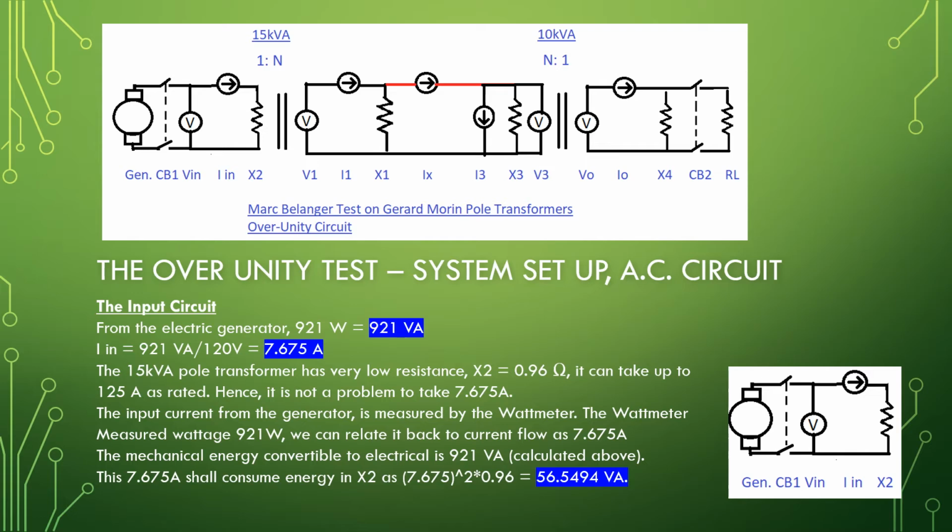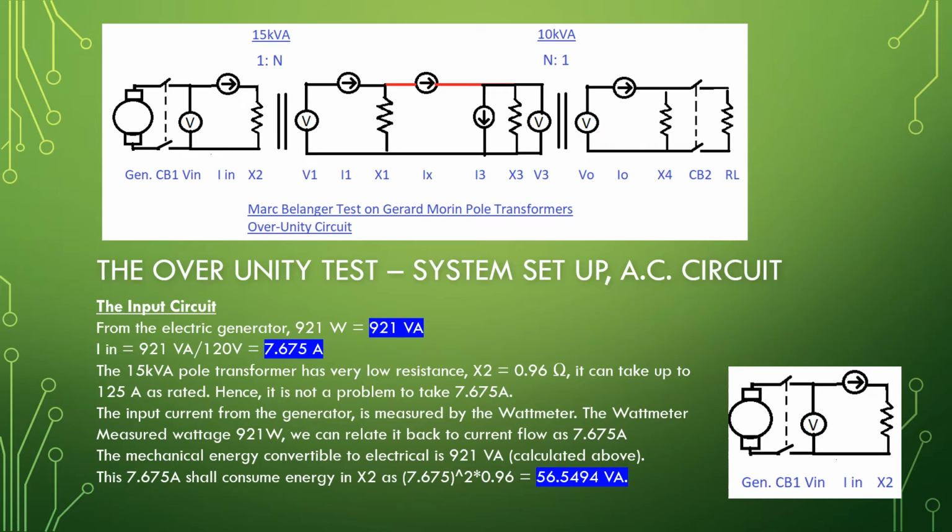The wattmeter measures wattage, 921 watt. We can relate it back to current flow as 7.675 ampere. The mechanical energy convertible into electrical is 921 VA, calculated above.